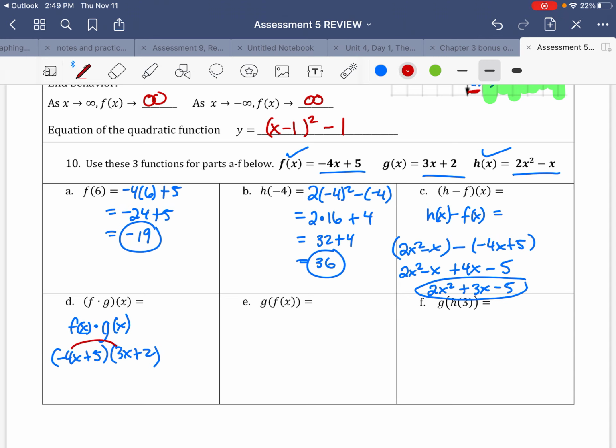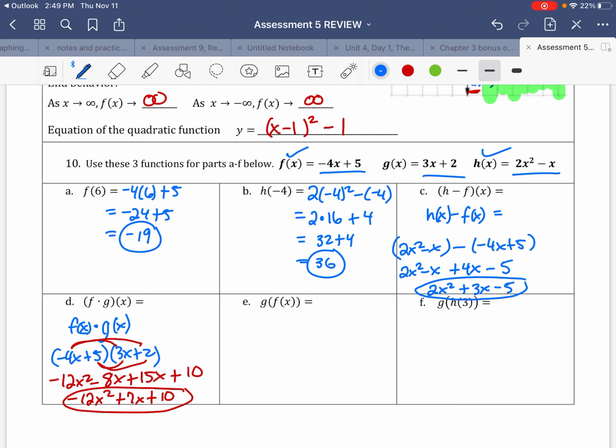Negative 4x times 3x is negative 12x squared. Negative 4x times 2 is negative 8x. 5 times 3x is positive 15x, and 5 times 2 is 10. So when I'm done, negative 12x squared stays. Negative 8x plus 15x is 7x, and then plus 10.